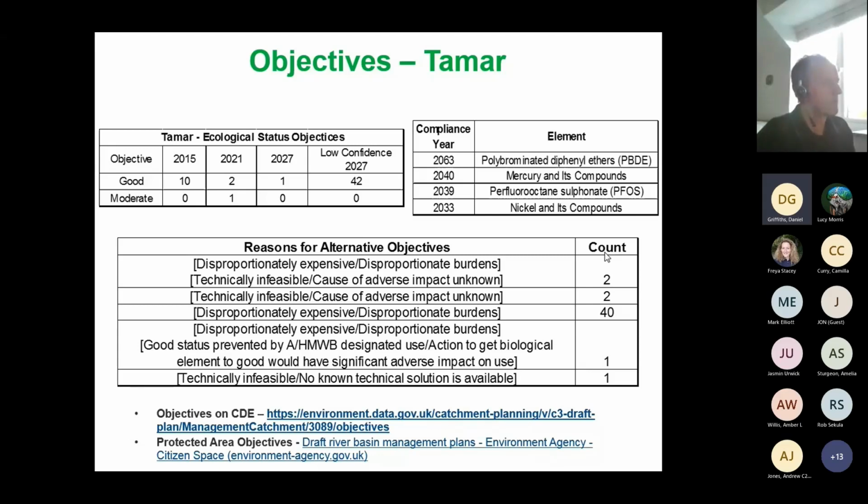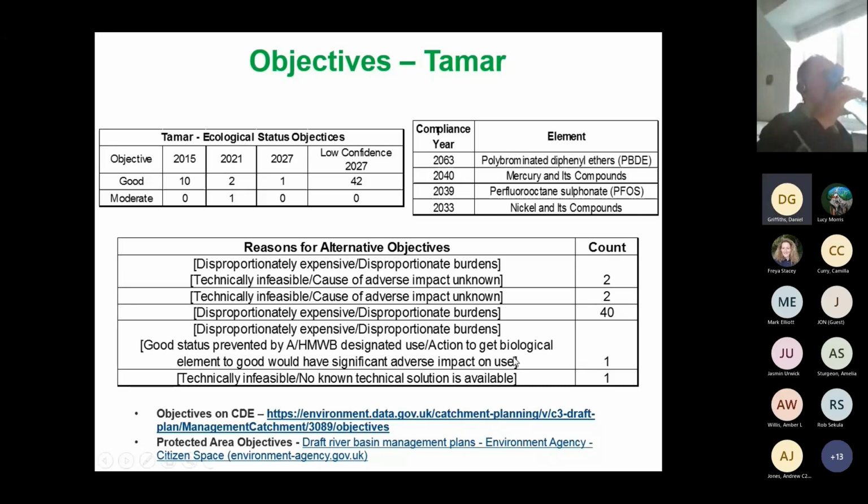That's a bit of a summarisation, but I'd say we're dominated by diffuse issues, whereas in other parts of the country you've got quite significant singular point source issues, and running feasibility and cost benefit assessment against those major single issues is a lot easier. So for us, it's quite difficult to rule out the achievement of good status based on cost benefit or technical feasibility. So you'll see the vast majority of the water bodies in the Tamar catchment are targeting good status as their objective.